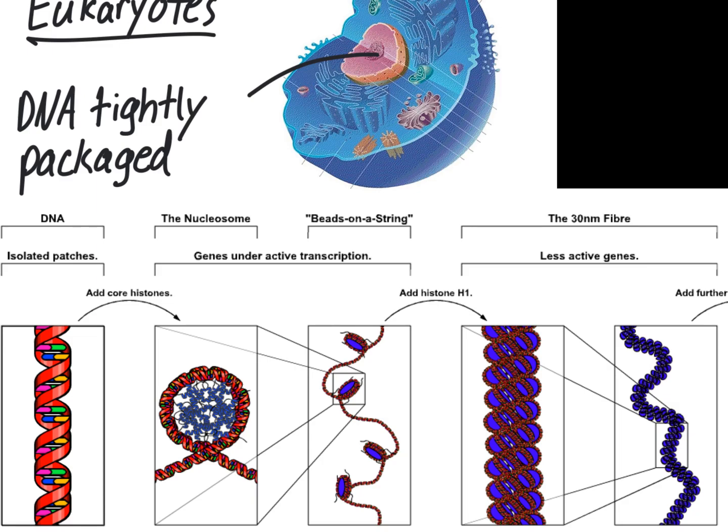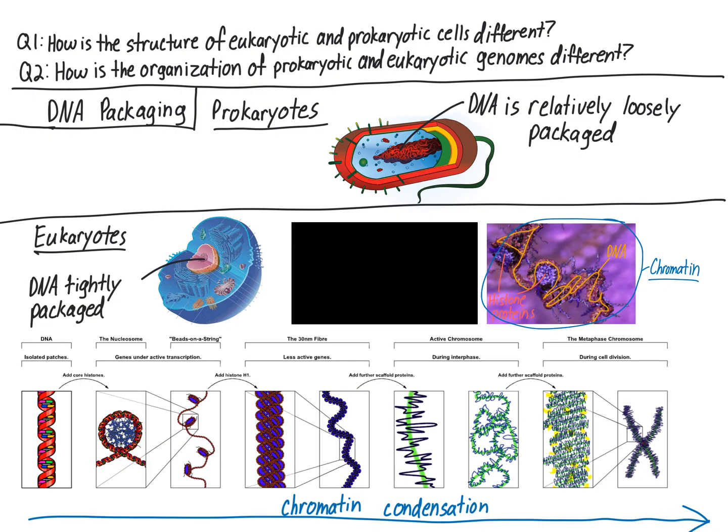And if an additional histone, H1, is added, the chromatin condenses further into a 30 nanometer fiber. If proteins called scaffold proteins are added, the DNA adopts a progressively more condensed form, culminating in the metaphase chromosome, which forms during cell division and is also what we see in karyograms.